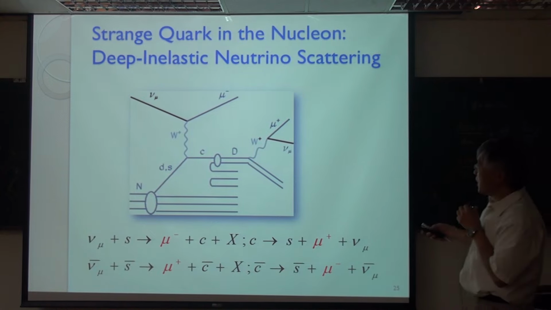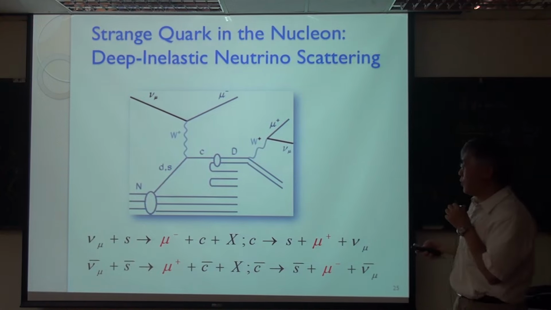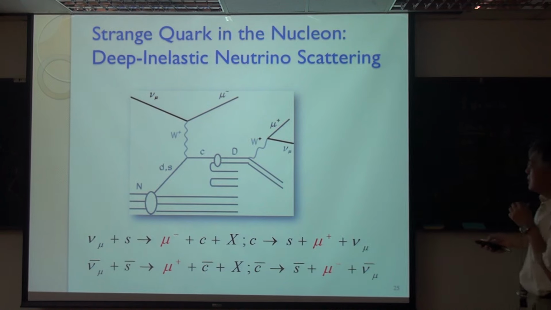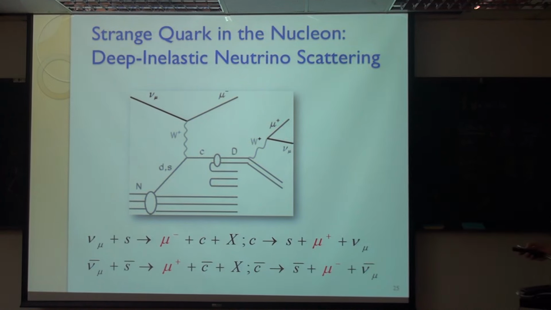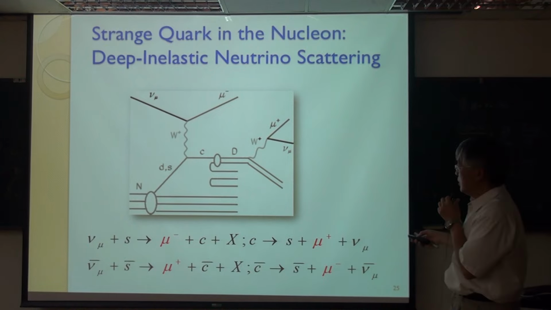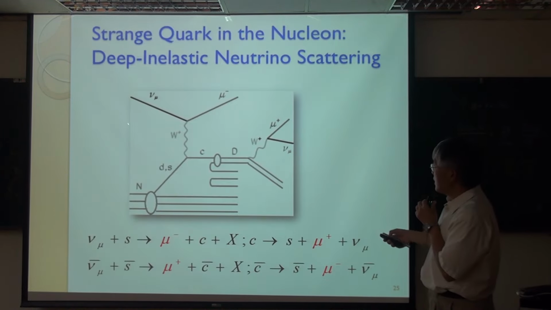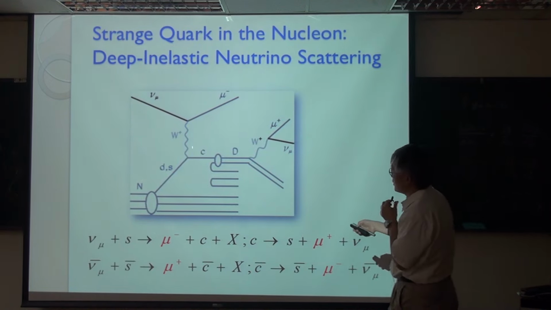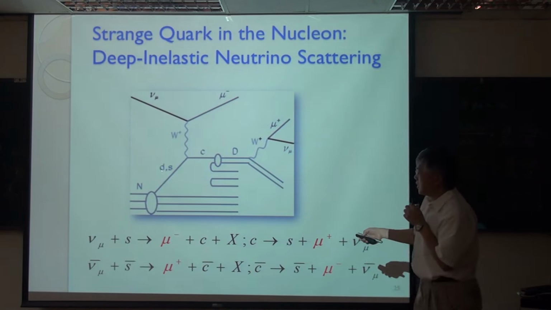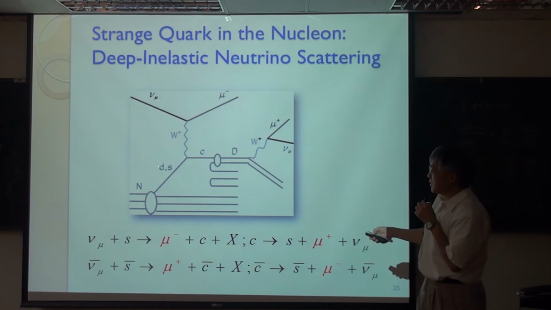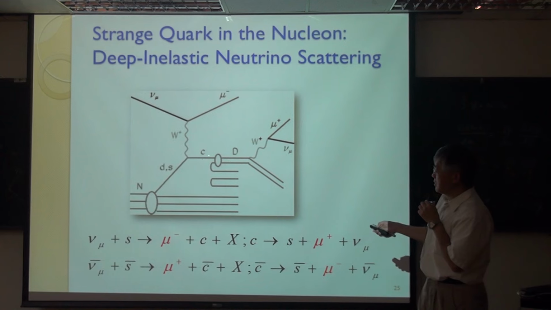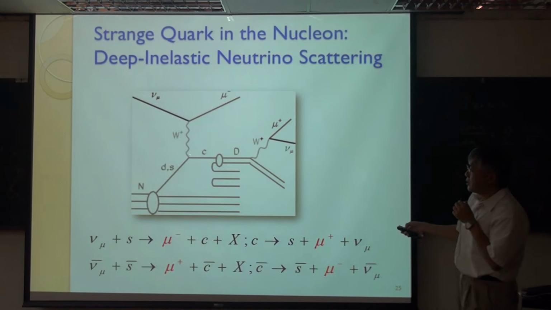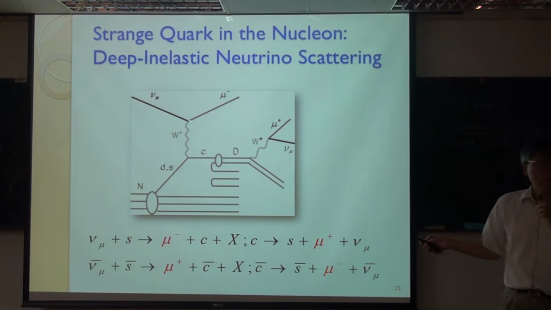So I just told you about u bar and d bar. How about the s bar, the strange quark? The way to look into it normally relies on a more sophisticated approach. You have to use neutrino scattering. A neutrino can, by exchanging a W boson, interact with the s or d, convert it into a c quark, and then this c quark can decay into open charm.